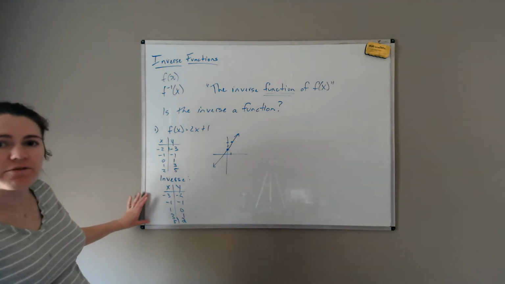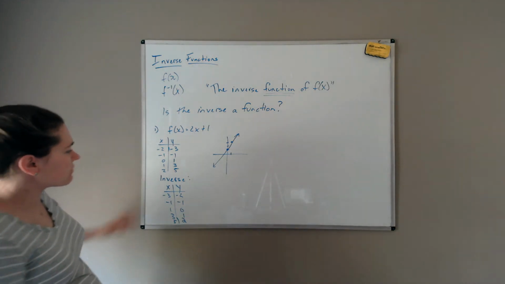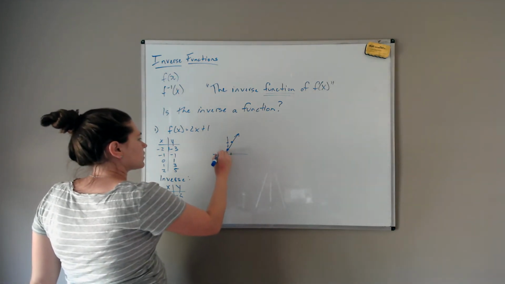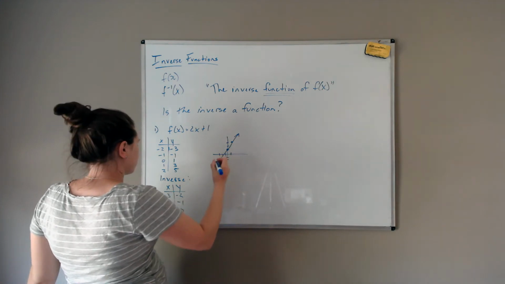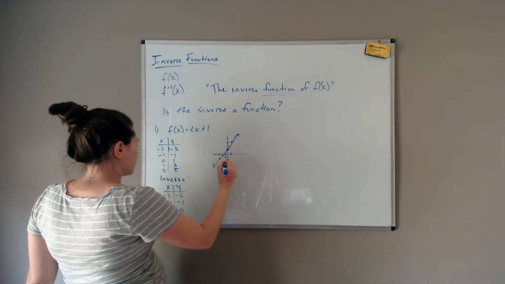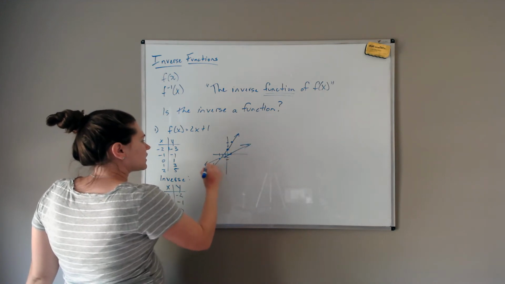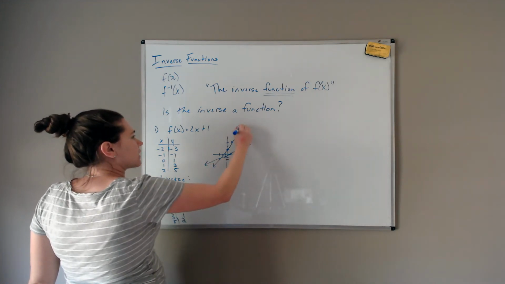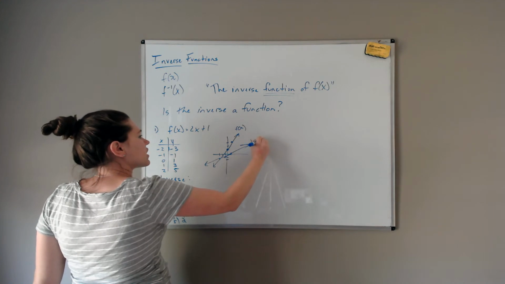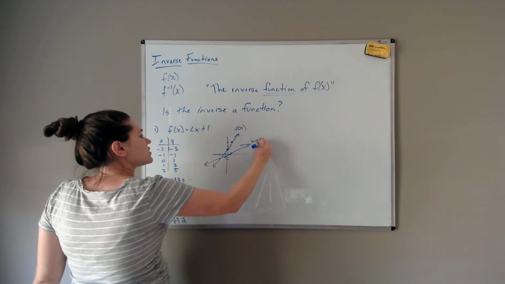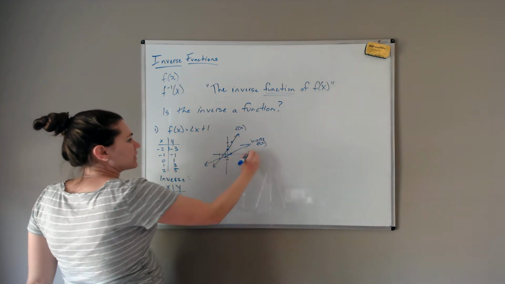This would be the inverse table of f of x. And if I graph this, -3, -2, -1, -1, 1, 0. Look at that. This was f of x. This was the inverse. Does the inverse of f of x pass the vertical line test?